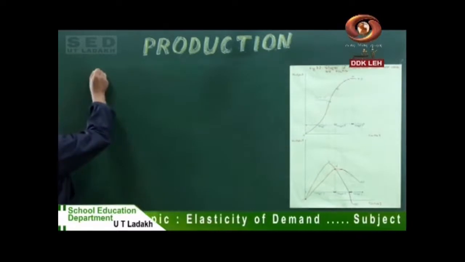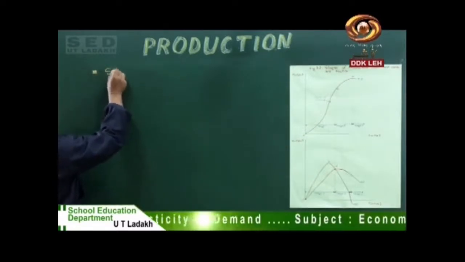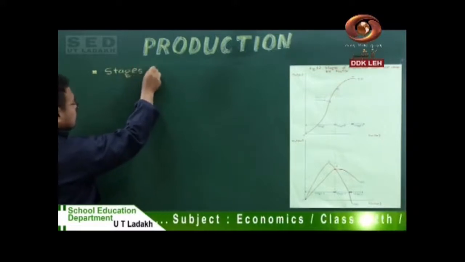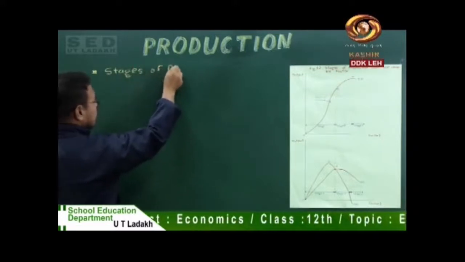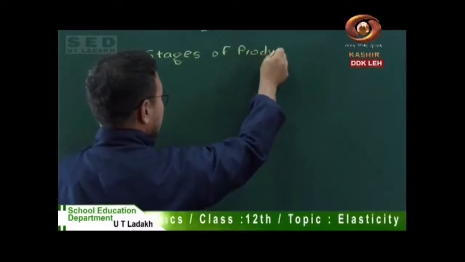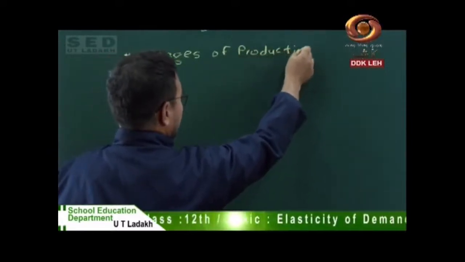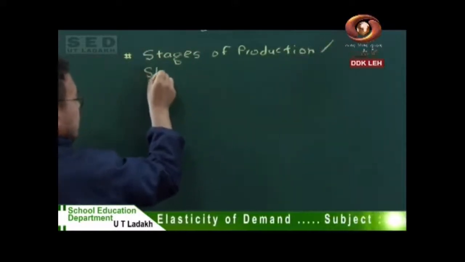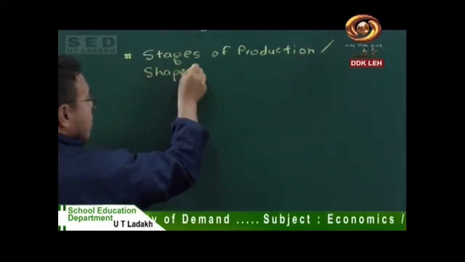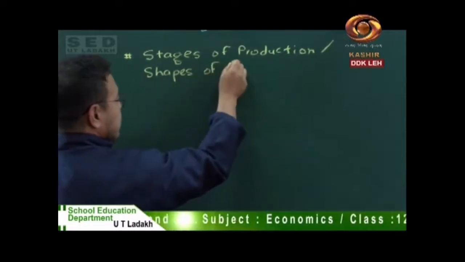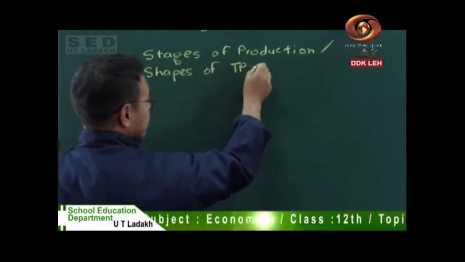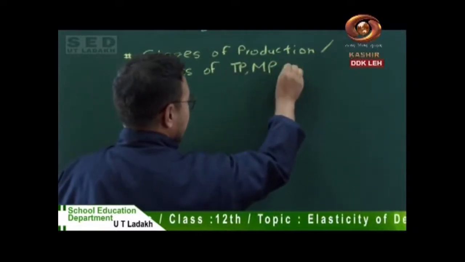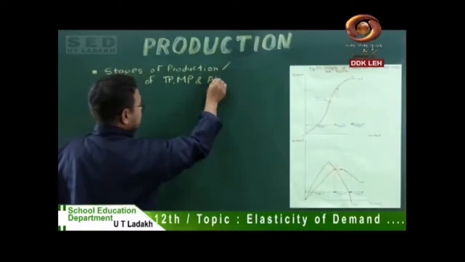So the next subtopic is stages of production. Or you can also say it is the shapes of TP, which is your total product, MP, marginal product, and average product curves.